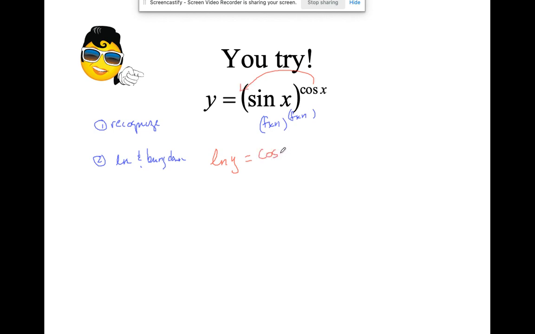I'm kind of writing a couple steps in one, so don't forget you ln'd both sides.